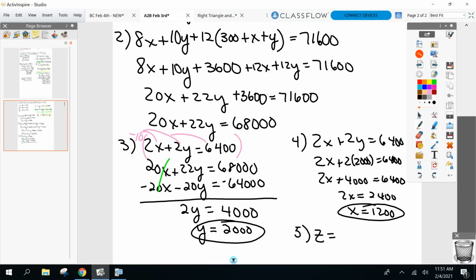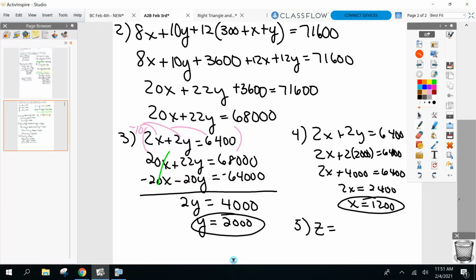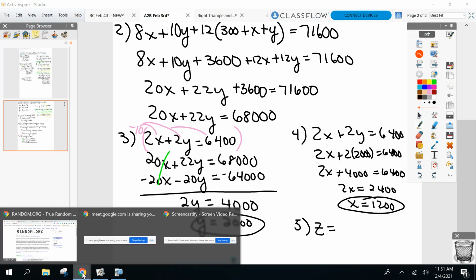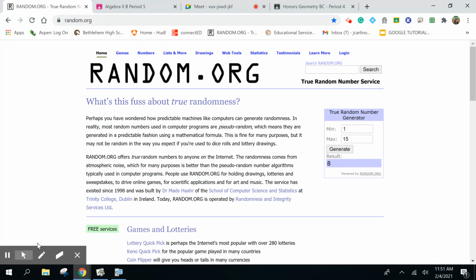A lot of change. Dan, when you get it, let me know.